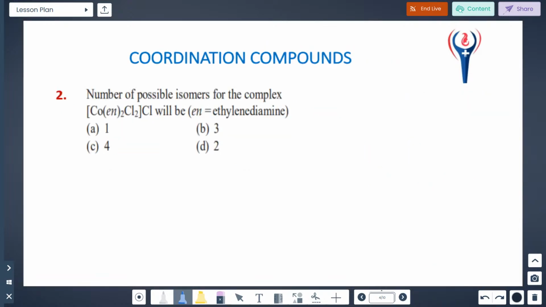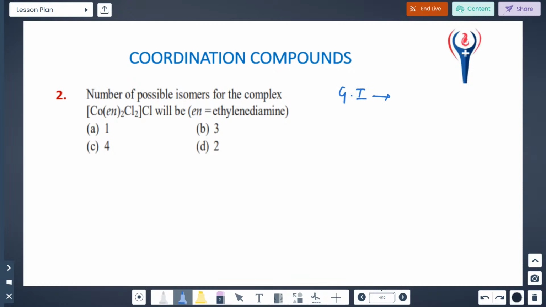Number of possible isomers for the following complex. They are asking only about the geometric isomers. It has geometric isomers as well as optical isomers. Geometric isomers means cis isomer as well as trans isomer.